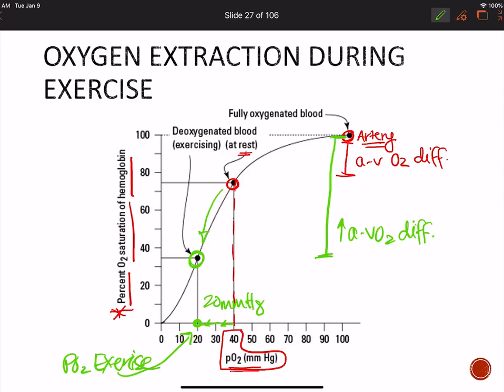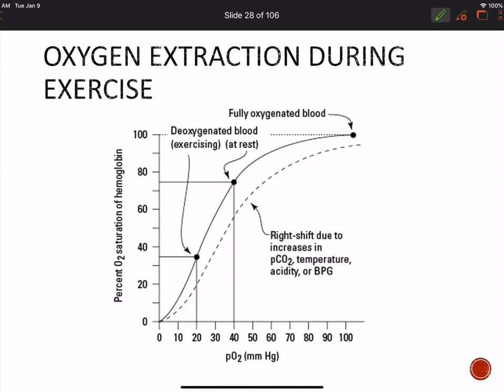But we're talking about heat here, right? We're saying, how does heat help in increasing oxygen extraction at the muscle? And that is because this curve has a rightward shift known as the Bohr effect. The Bohr effect is shown in this picture as this dotted line, and it is the effect that different factors have on hemoglobin that make hemoglobin less likely to hang on to oxygen.